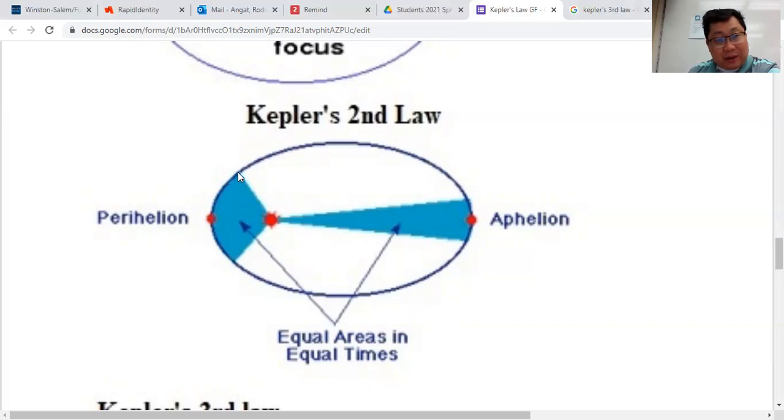So equal time, 5 days, 5 days. That goes with the equal times. How about equal areas? If you shade the part that was covered between the Earth and the Sun and the orbit that it covered, you will know that this shaded part here is equal in area to the shaded part here. So just remember this one.